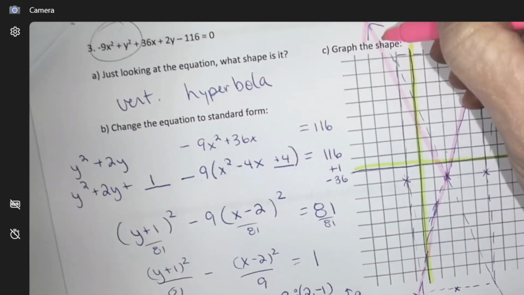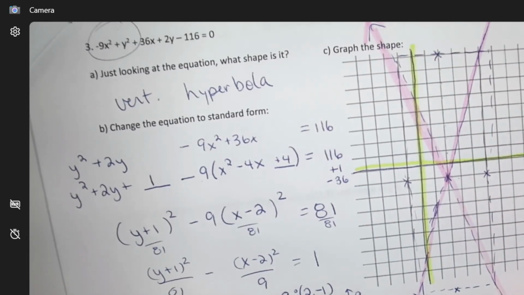How good is our drawing? Hopefully yours is better than mine. It's not.